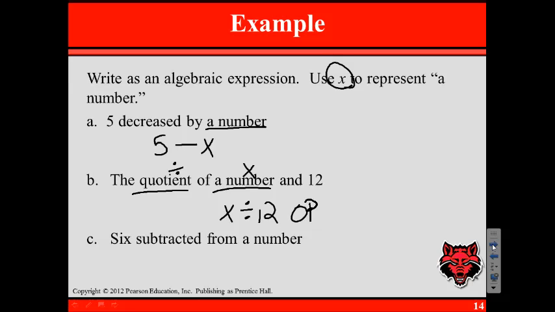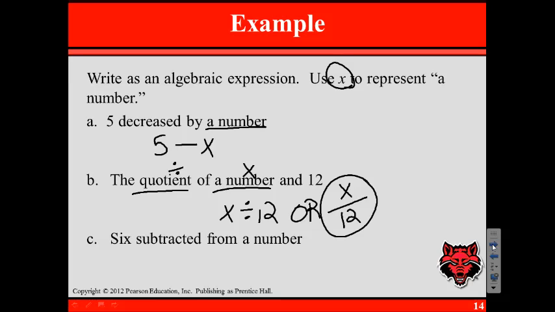Or if we wanted to write this in fractional notation, we would write x over 12. Either of those answers would be correct. I will say that x over 12 will be more useful later on, but for this point in the game, x divided by 12 or x over 12 will work just fine.